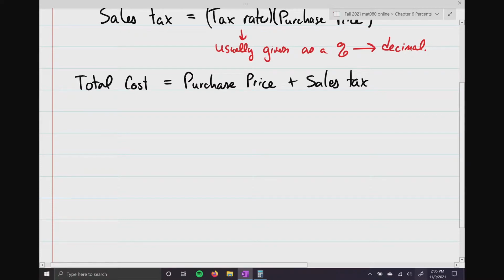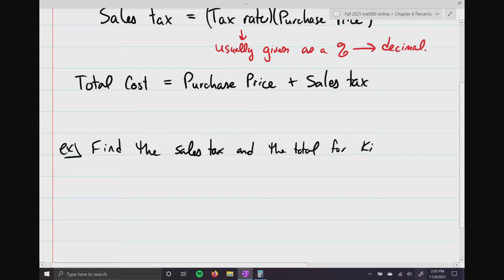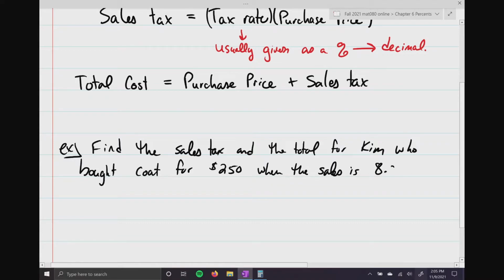Okay. So here's an example. Find the sales tax and the total cost for Kim, who bought a coat for $250 when the sales tax is 8.5%.